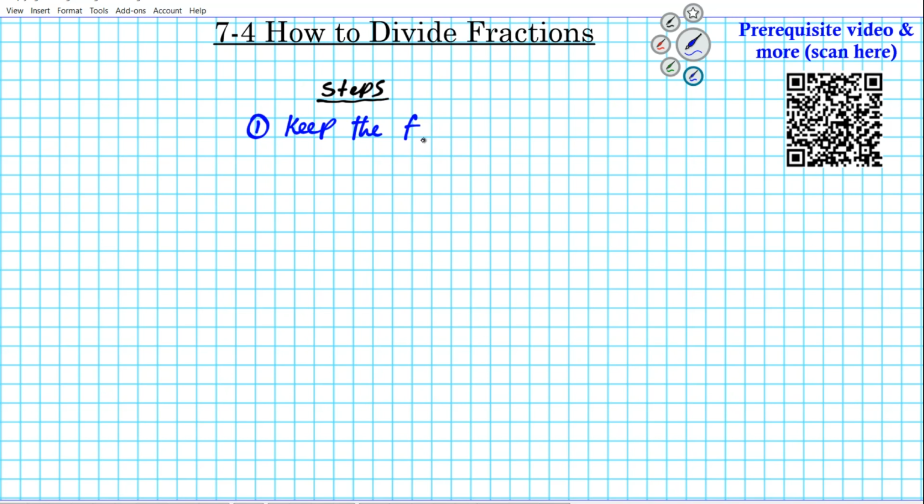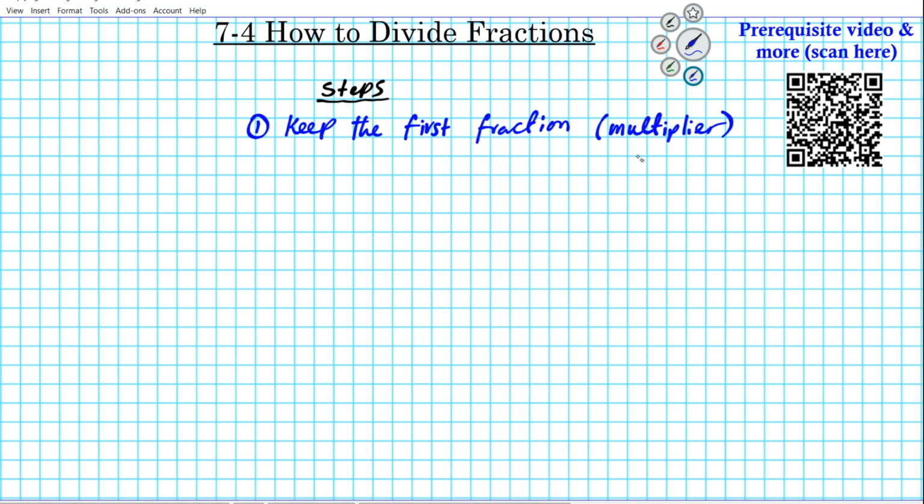If you have a mixed number, you have to convert that into an improper fraction. So they have to be both fractions first. Assuming you're given two fractions to divide, as you see in this video, first thing is you keep the first fraction. The first fraction is called the multiplier fraction, just FYI.